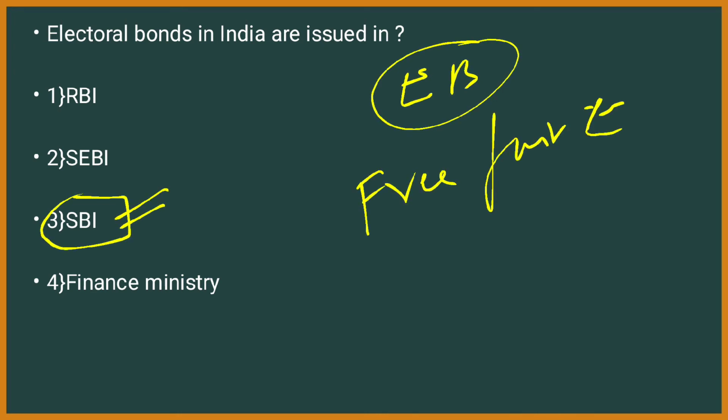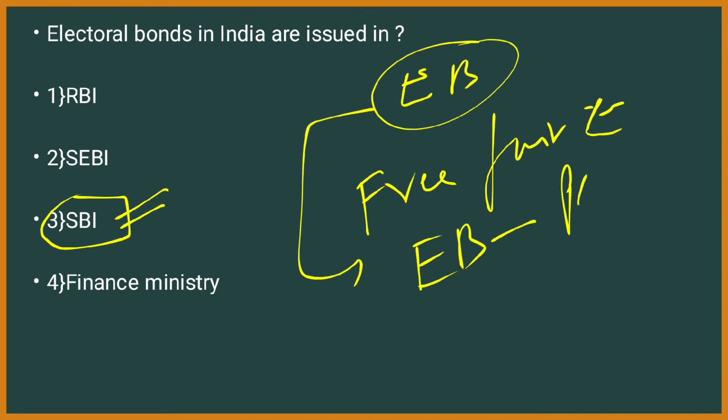Because whichever electoral bonds are issued, they don't hold the bearer's name. That means the person who has given the money to the political party doesn't mention his name, so you will not be able to find out from which source the money has been coming. It is just known that the electoral bond carries the information of the party for which the fund has been donated.